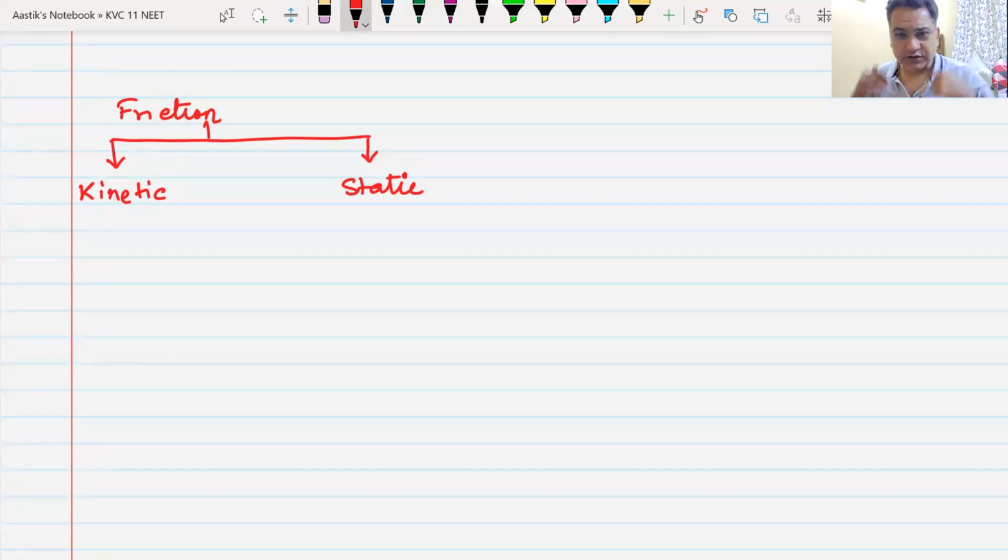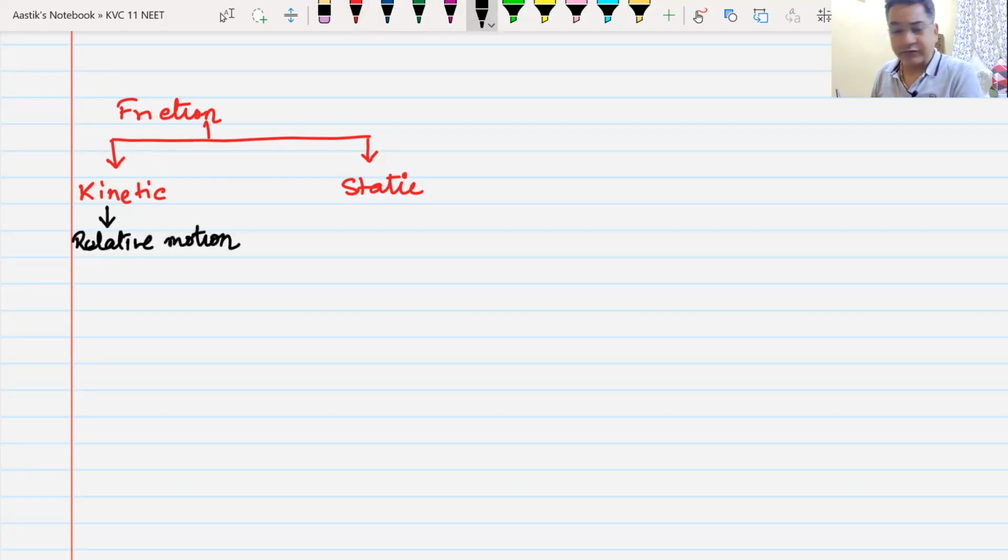What is the difference between the two? Any idea? Kinetic friction comes when there is relative motion between the two bodies.